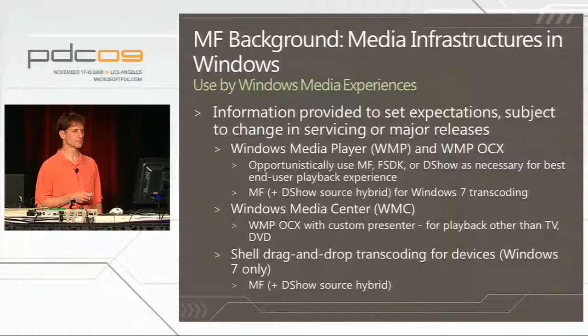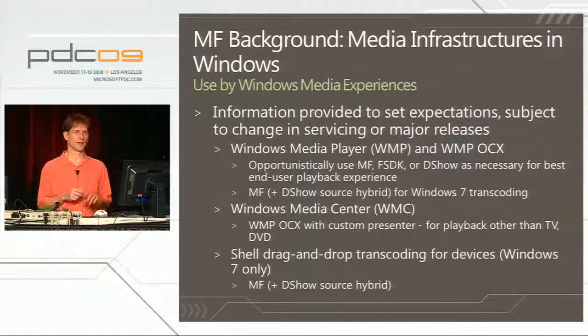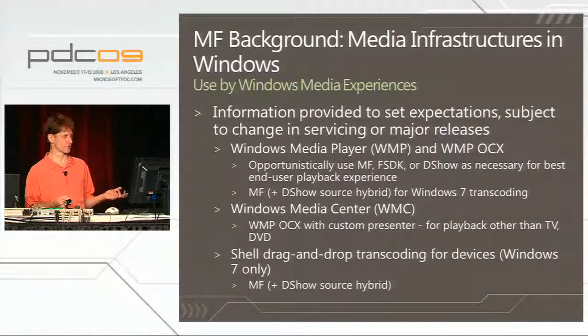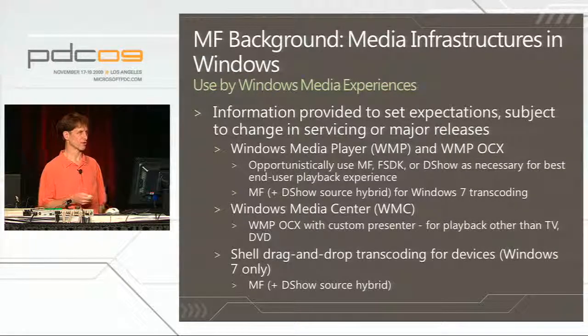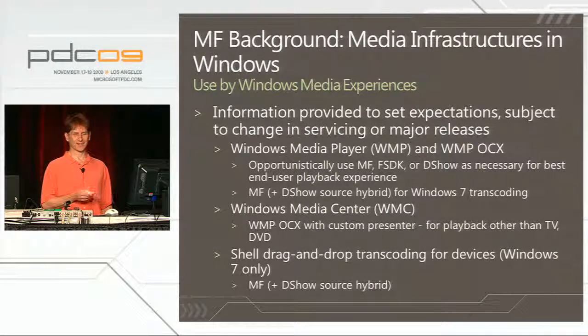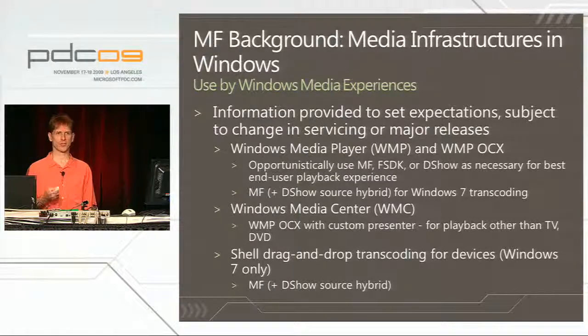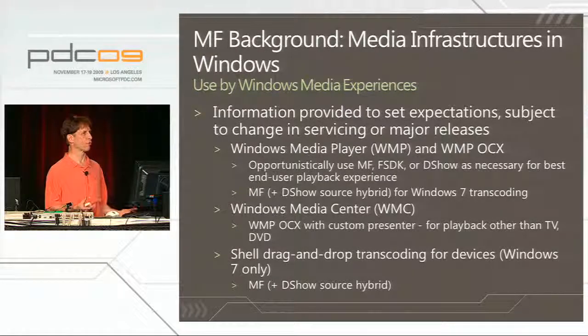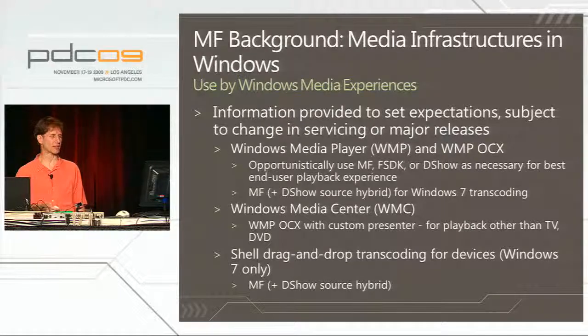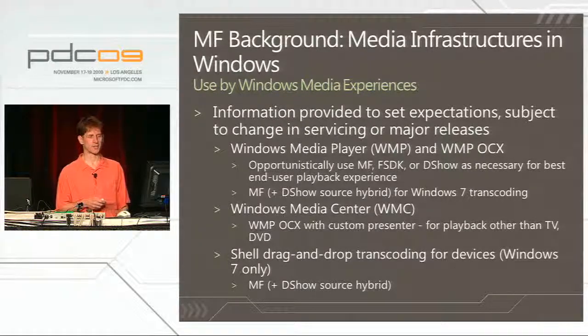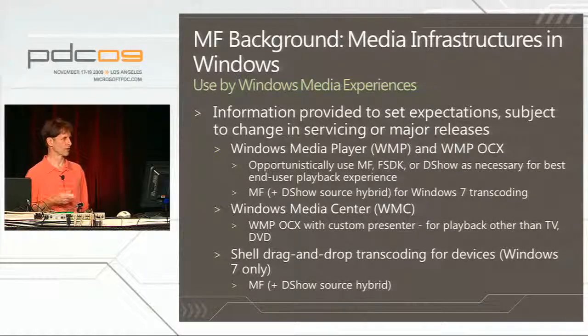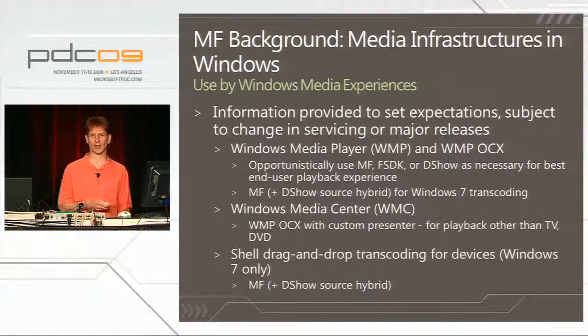Now, still looking at how we use these things, one of the messages to get across is that historically, for Windows Media Player, many people want their formats or their value adds to be able to work in Media Player and also within our OCX. Of course, in the evolution of the player, the old Windows Media Player 6.4 was a very thin UI layer over DirectShow.